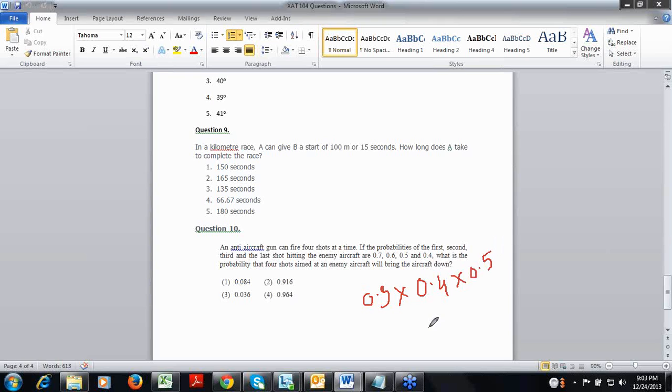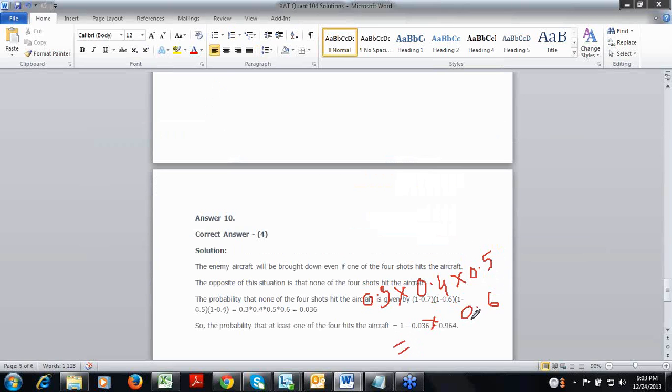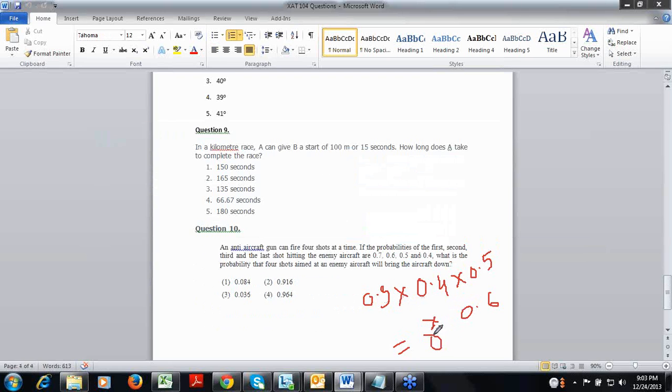Probability of not hitting the fourth shot is 0.6. So essentially it will be 0.12, 0.06, and then 0.036. So 0.036 is the probability that it won't hit.